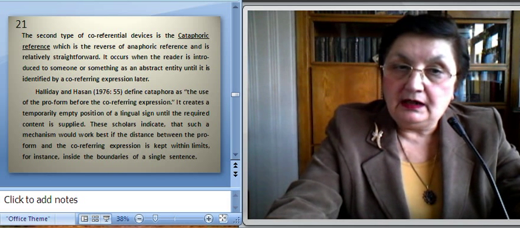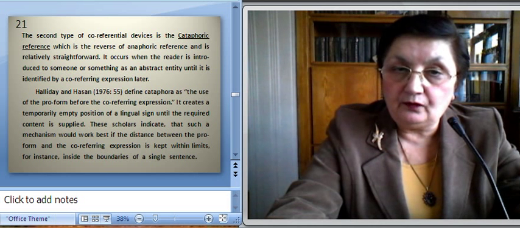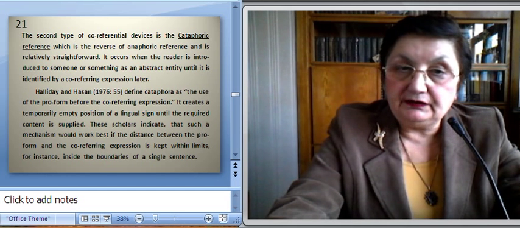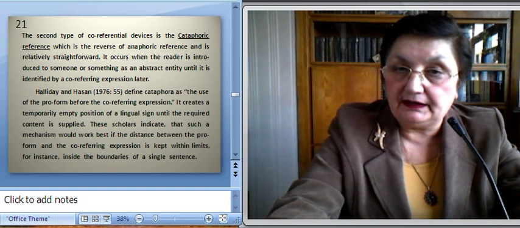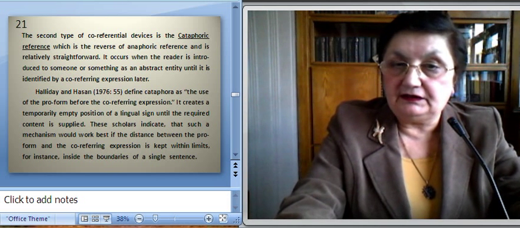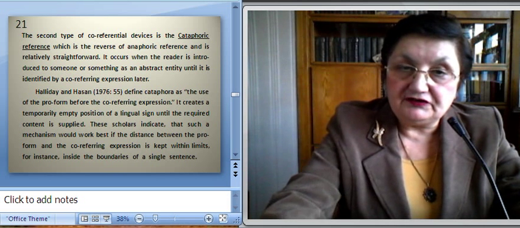These scholars indicate that such a mechanism would work best if the distance between the proform and the co-referring expression is kept within limits, for instance, inside the boundaries of a single sentence. They provide the following example.